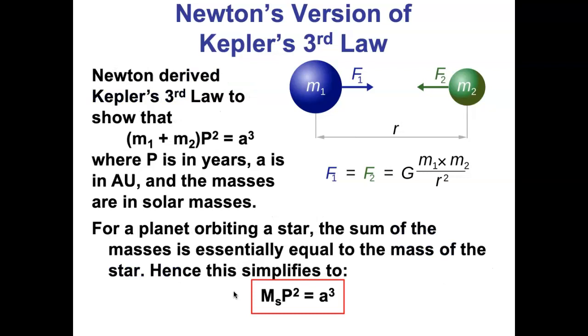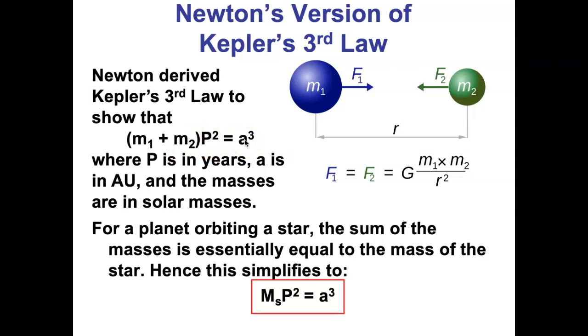And so when Newton derived Kepler's three laws using his theories of motion and gravity, he actually ended up getting that the mass m1 plus the mass m2 times p squared equals a cubed. Because the mass is important here.